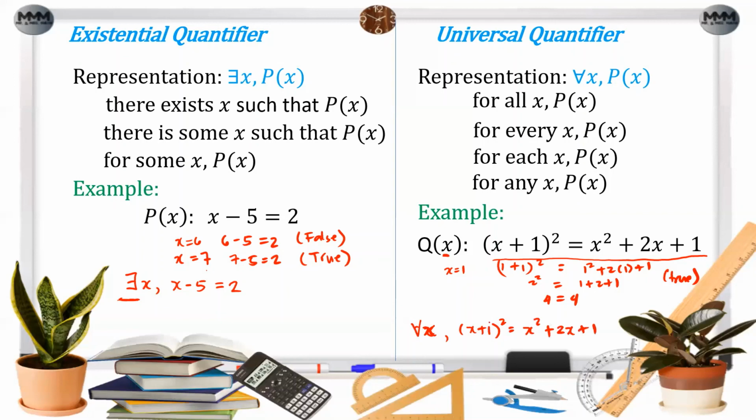It means for any value of x, for every, for each, for any real number, if we substitute it into the equation, the equality still holds, or the predicate is always true for any value of x.